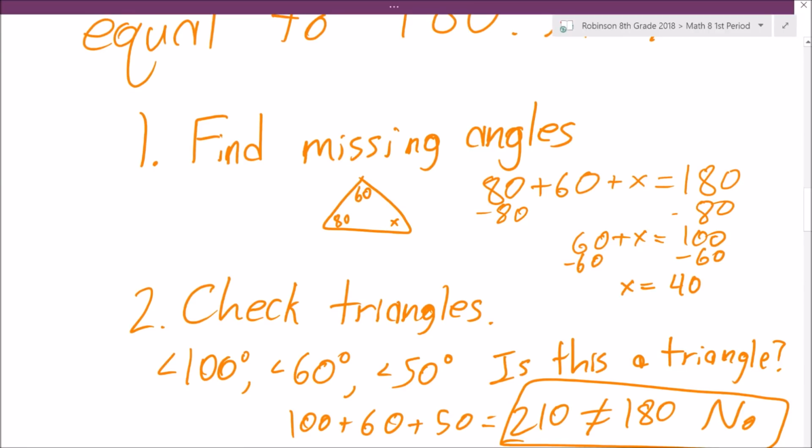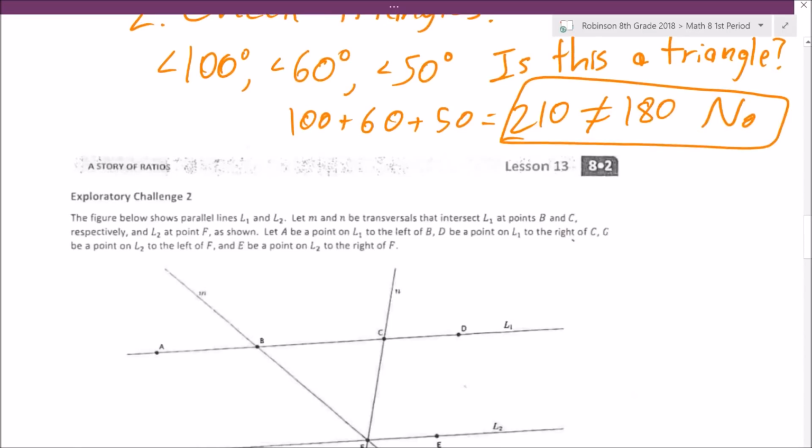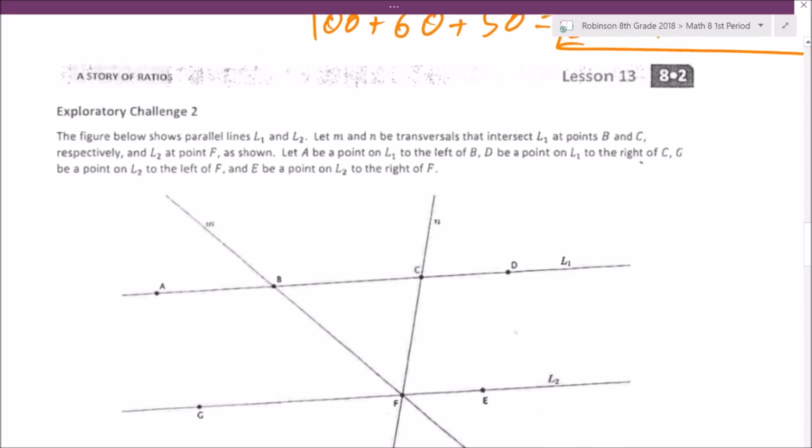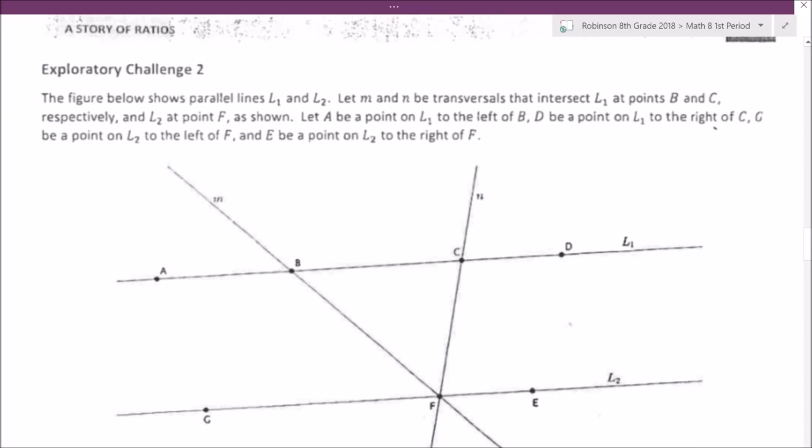So turn to the next page after you have that down. Pause it if you need to finish taking down the notes or anything. Otherwise, turn to the next page. And we see this exploratory challenge 2. It says, the figure below shows parallel lines L1 and L2.